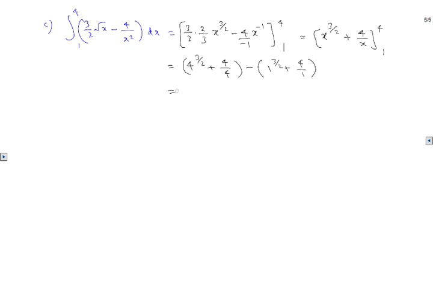Half means the square root, so find the square root first and then cube it. The square root of 4 is 2. When you cube it, you get 8. And then here this is 1 plus 4. So you get 9 minus 5, that means 4. So the answer is 4.